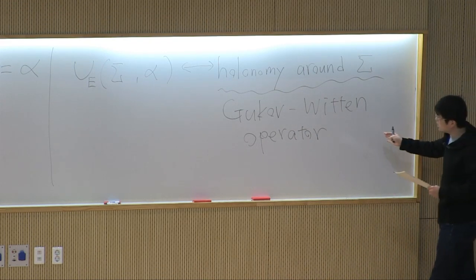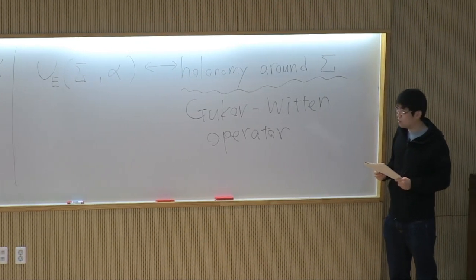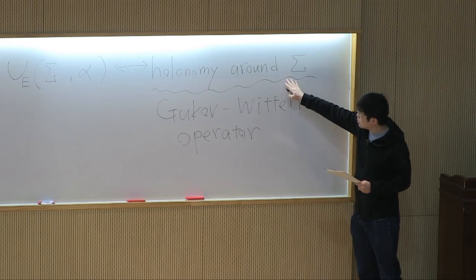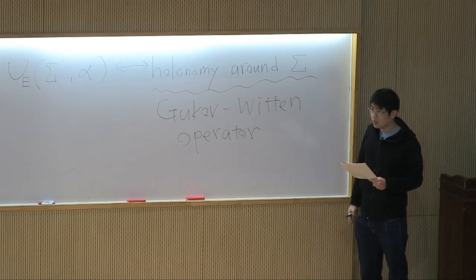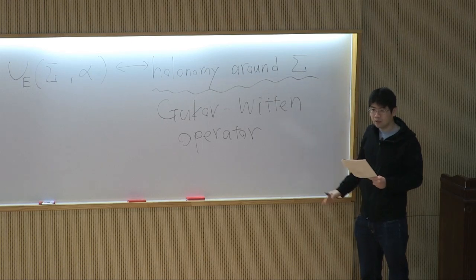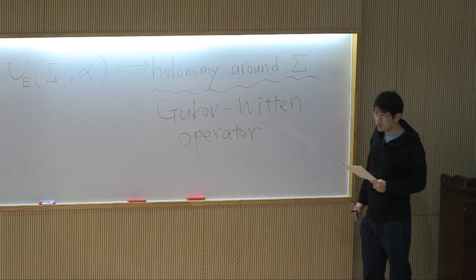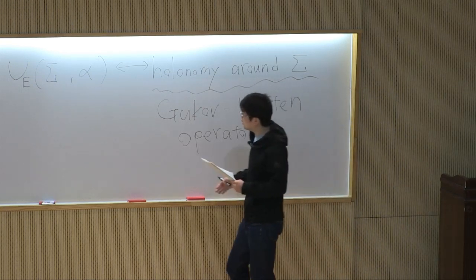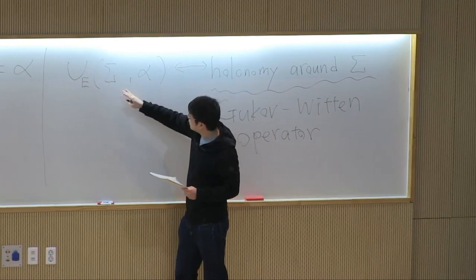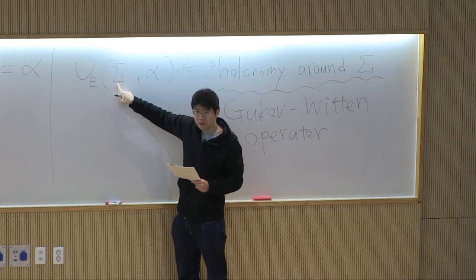So Gukov-Witten discussed this even in the absence of any one-form symmetries. So this definition, holonomy around sigma, can be defined even if there is no symmetry at all. However, in special cases, this operator is invariant under continuous deformation of this two-dimensional surface.